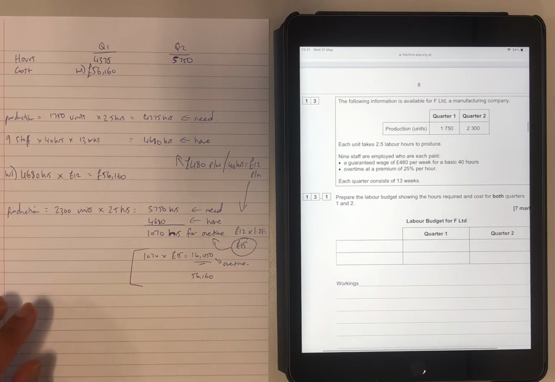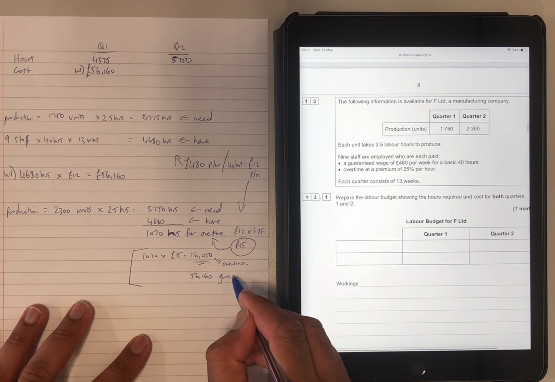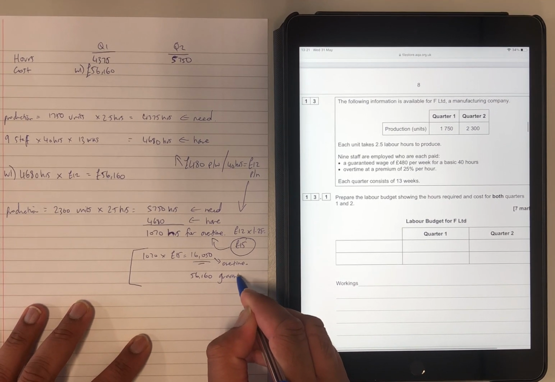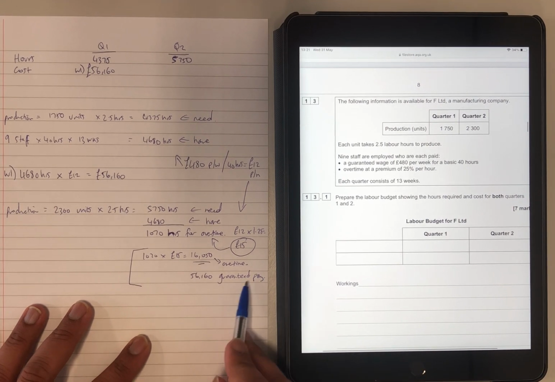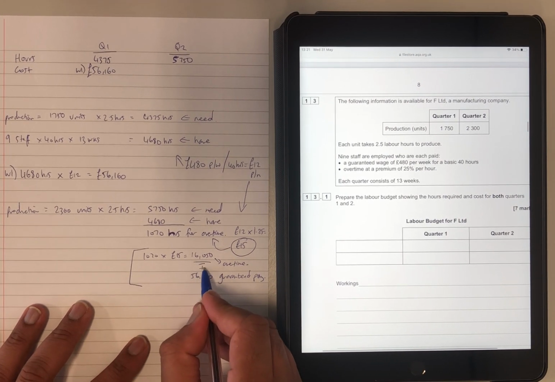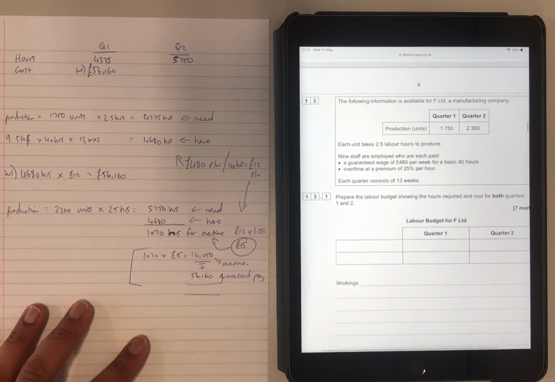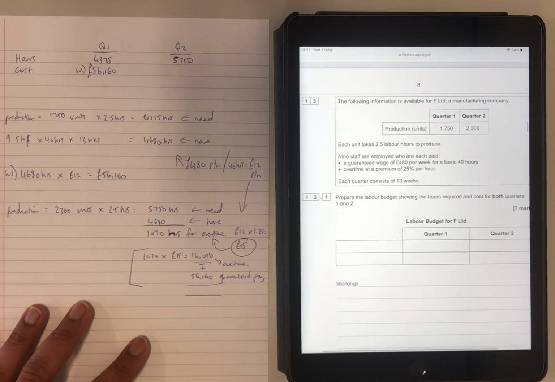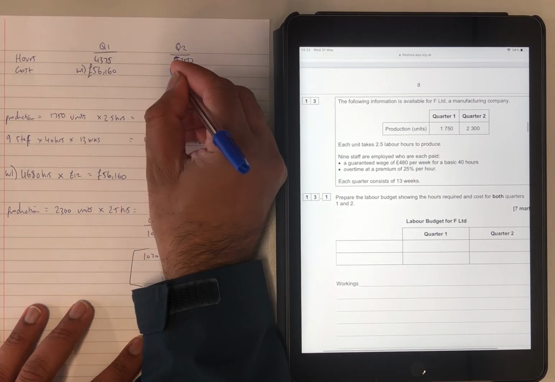We still have to pay them the guaranteed pay, which they are going to get. And then we add the overtime: 16050 plus the 56160. The cost is 72210.